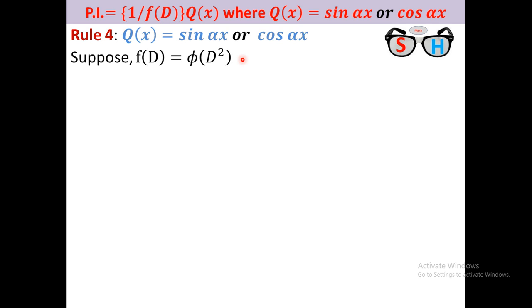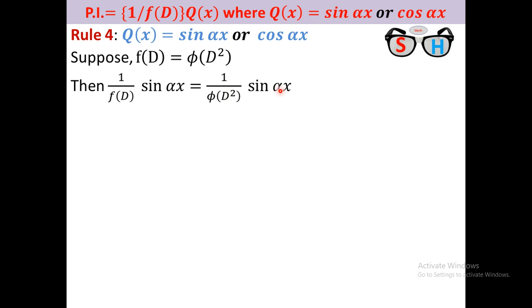So you can use it directly if f(D) is in the form of a function of D square. Then the particular integral 1 by phi(D square) of sine alpha x: what does the rule say? The rule says that you have to replace D square by minus alpha square.